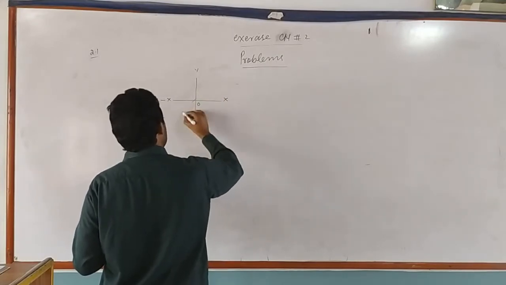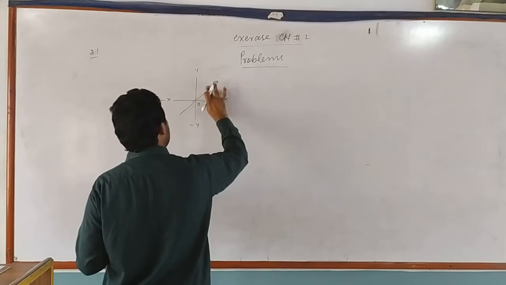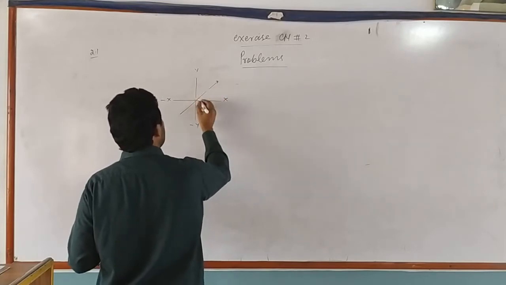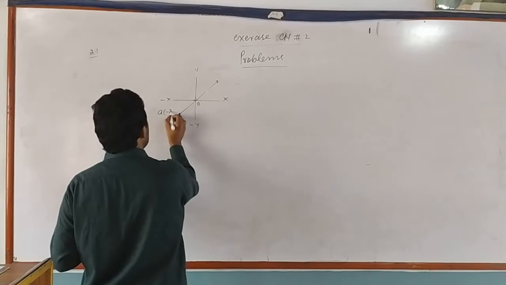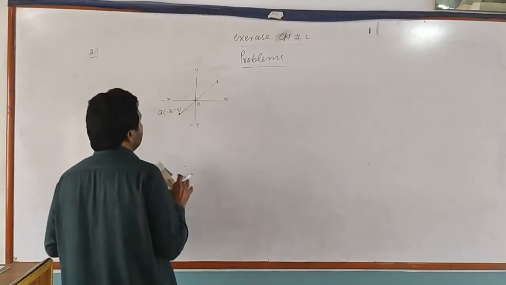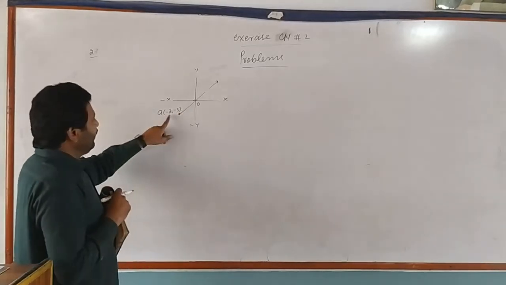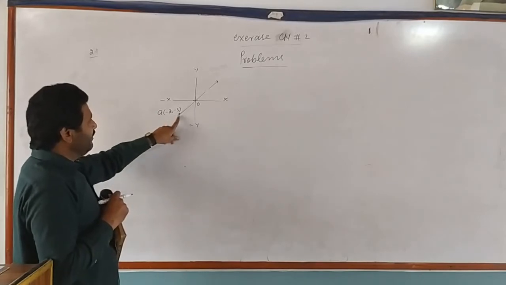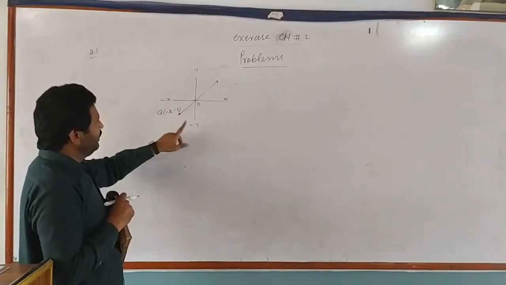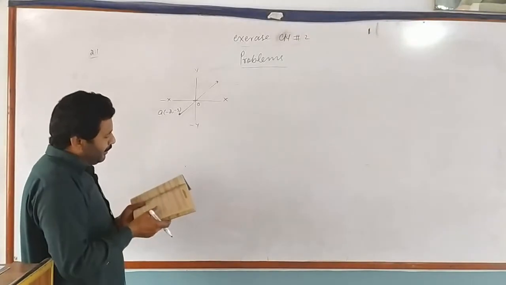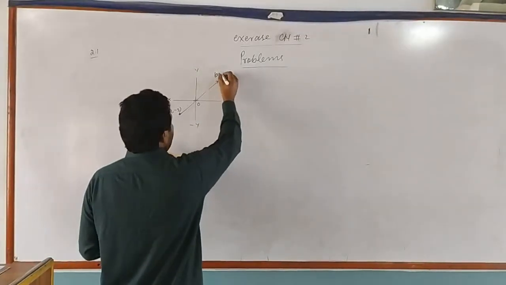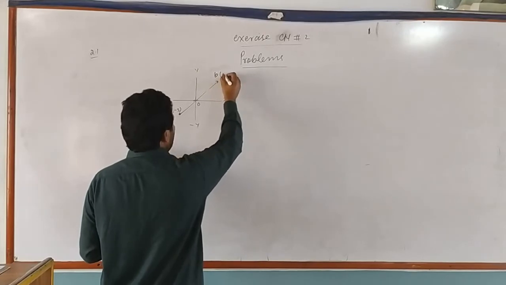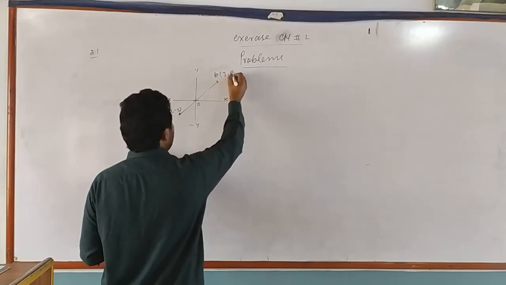We have supposed a vector A with its tail at point A with coordinates -2, -3. As both coordinates are negative, the tail of vector A lies in the third quadrant, and its tip is at point B with coordinates 3 and 9.